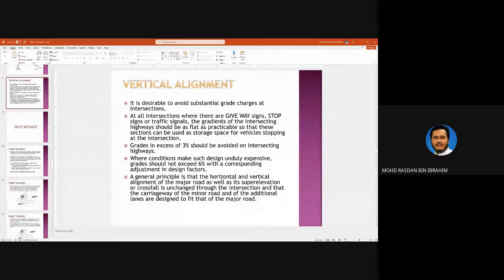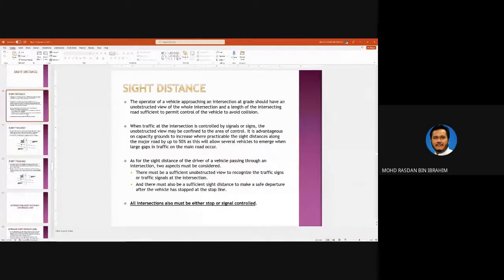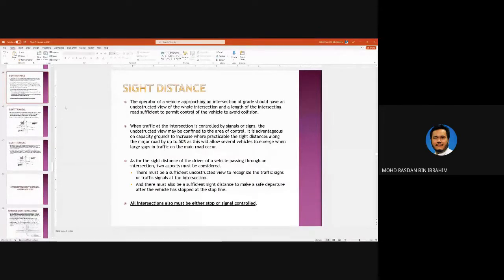Next is the sight distance. Operator of a vehicle approaching an intersection at grade should have an unobstructed view of the whole intersection and the length of the intersecting road sufficient to permit control of the vehicle to avoid collision.